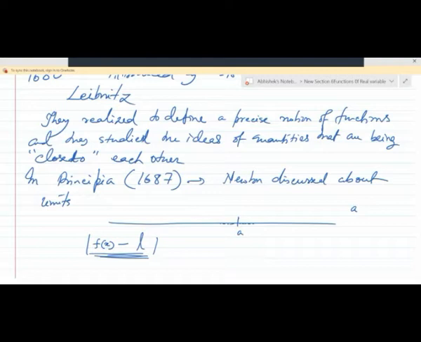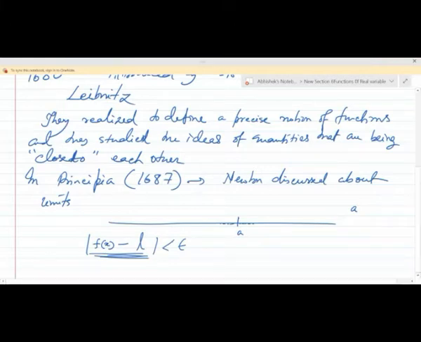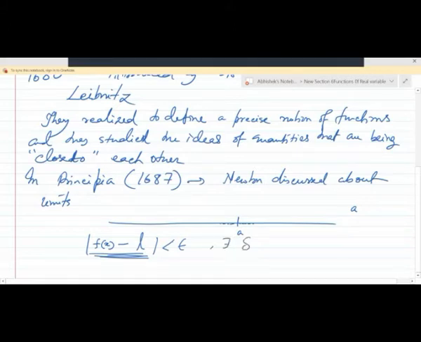okay, by giving any real number epsilon. So you need to make this difference less than epsilon, okay, whenever you can find one real number, some kind of delta, for which, using this delta, you can have two real numbers, one is a minus delta and another is a plus delta, right?